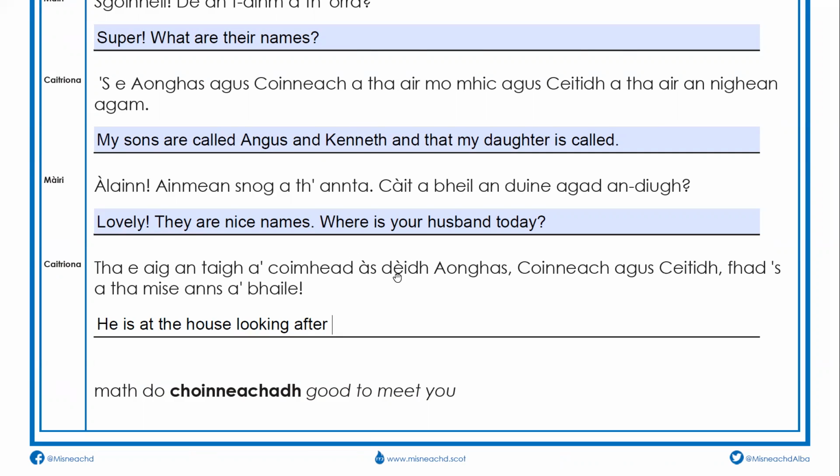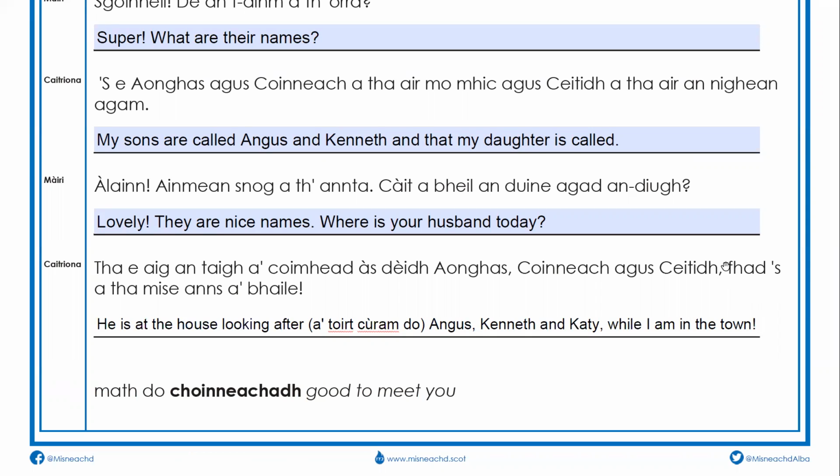That's rather literal from English. You might use something like a different phrase, but for the purposes of using words that we've already seen, looking after Angus, Kenneth, and Katie, agus tha mise anns a' bhaile, while I am in the town.